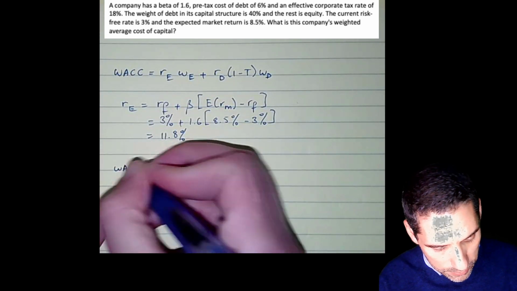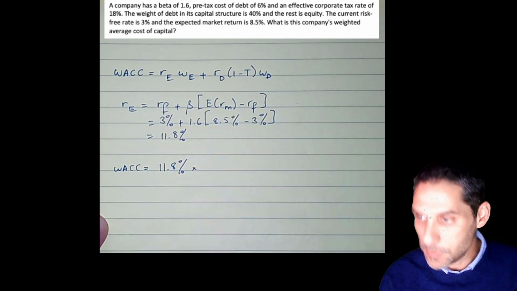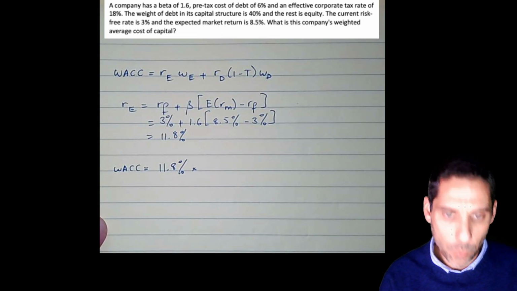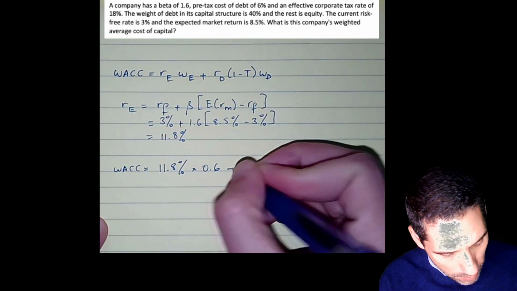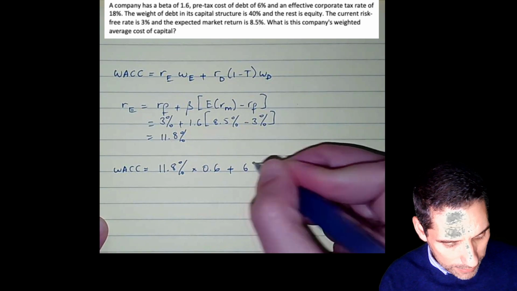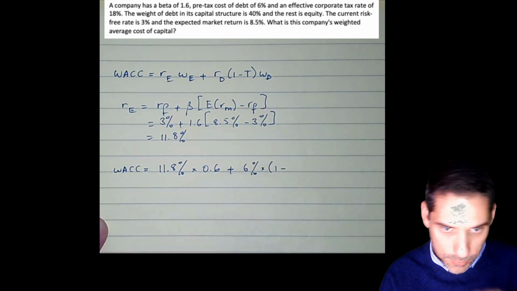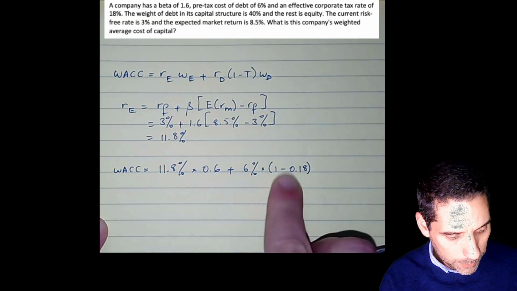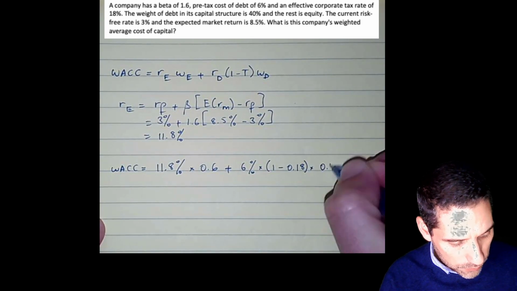So let's plug these in the WACC formula. 11.8% times weight of equity was given. Rest is equity. Debt is 40, so this is 0.6, 60% equity. Plus pre-tax cost of debt, so interest rate on new debt is 6%, times 1 minus the tax rate, to see after-tax cost of debt will be 0.82 times that, and then weight of debt is 40%, 0.4.